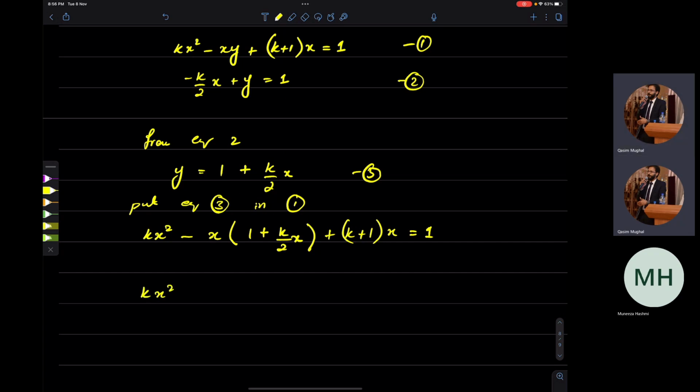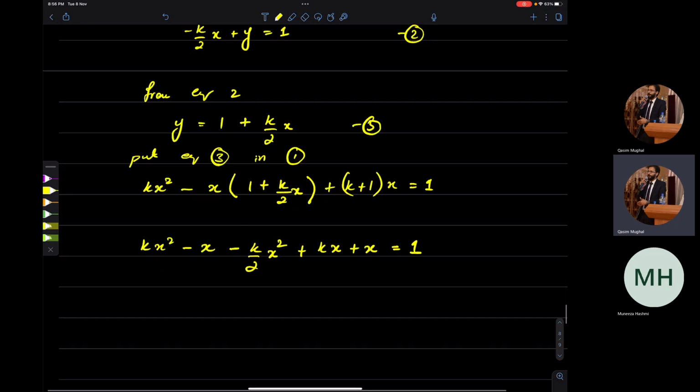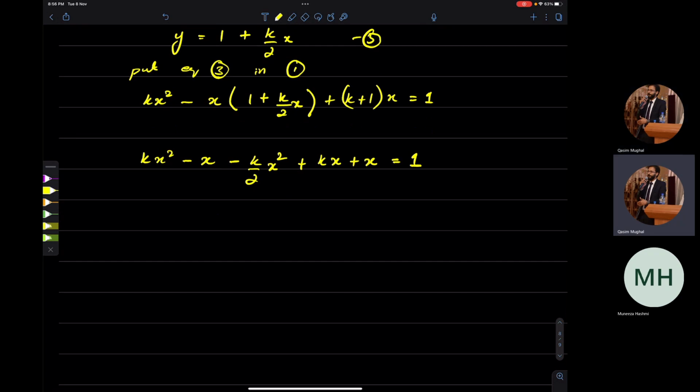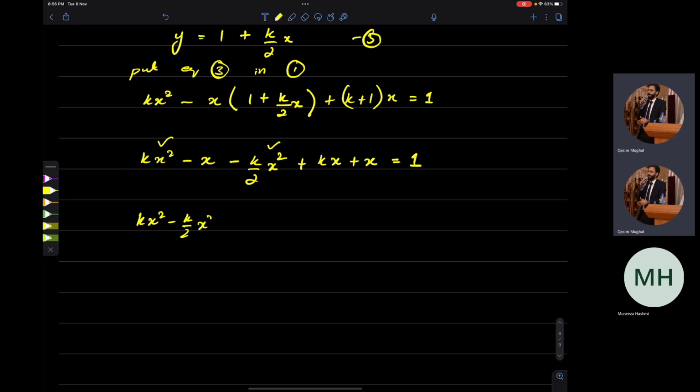So kx squared minus x minus k over 2 x squared plus kx plus x equals 1. Now I'm going to put these together. kx squared minus k over 2 x squared, and then minus x plus kx plus x, and then minus 1 equals 0. I've brought this one to the left as well.